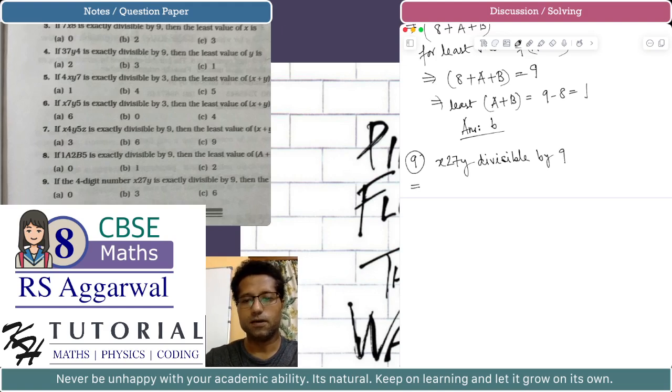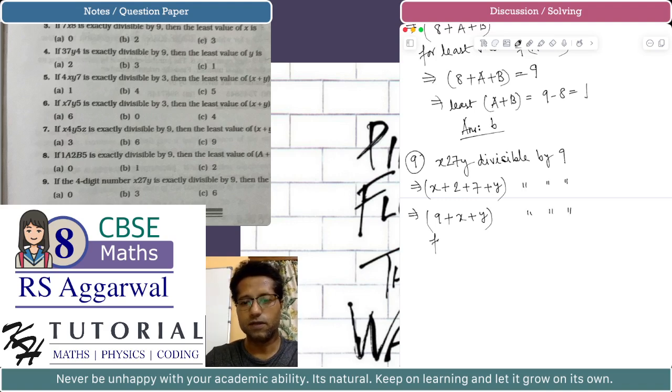So this will imply the sum of the digits, x plus 2 plus 7 plus y, will be divisible by 9. So this implies 9 plus x plus y must be divisible by 9.